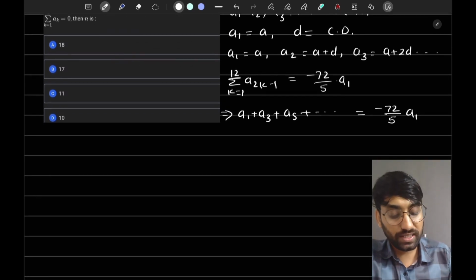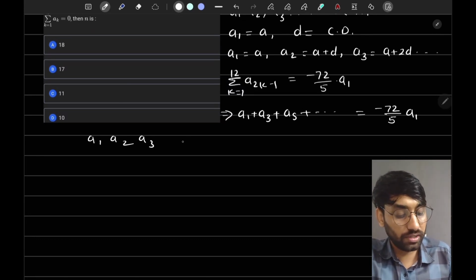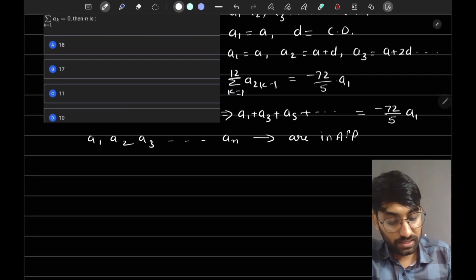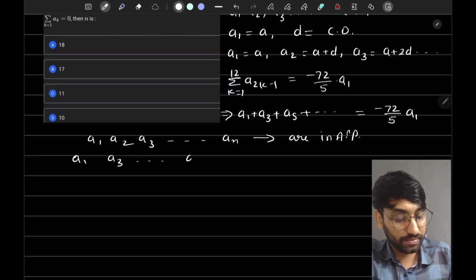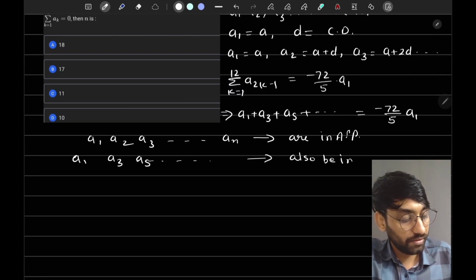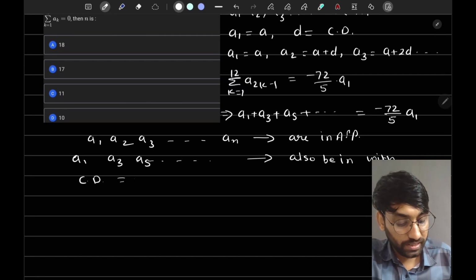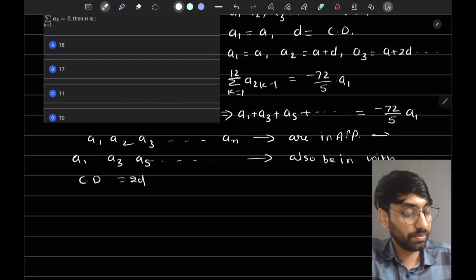Now one thing that we have seen is that if a1, a2, a3 and so on till an are in AP, then a1, a3, a5, the odd terms that we are having, will also be in AP with common difference 2d, if the common difference of the original AP was d.